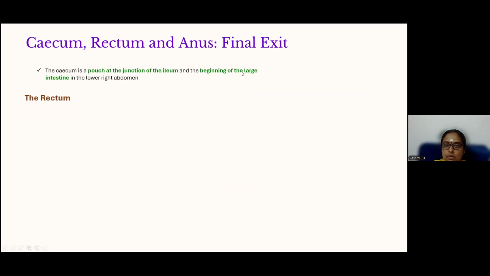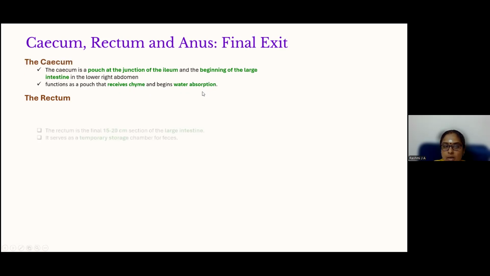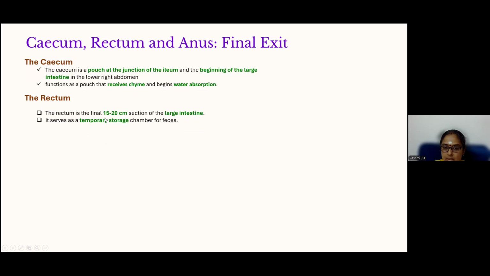First, the cecum is a pouch at the junction of the ileum, the beginning of the large intestine in the lower right abdomen. Function: it functions as a pouch that receives the chyme and begins the water absorption. Then we have the rectum. This is the final 15 to 20 centimeter section of the large intestine.